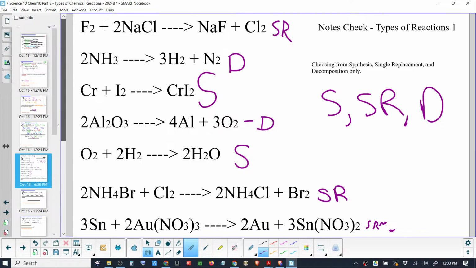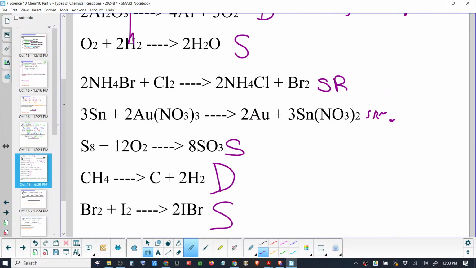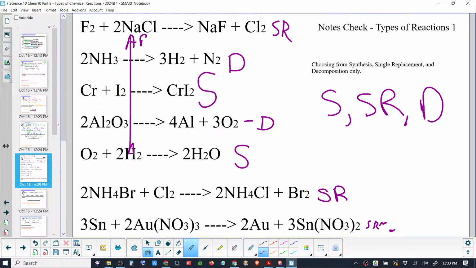We have a pair and an element going to an element. So AB plus C going to a pair and an element, that is single replacement.